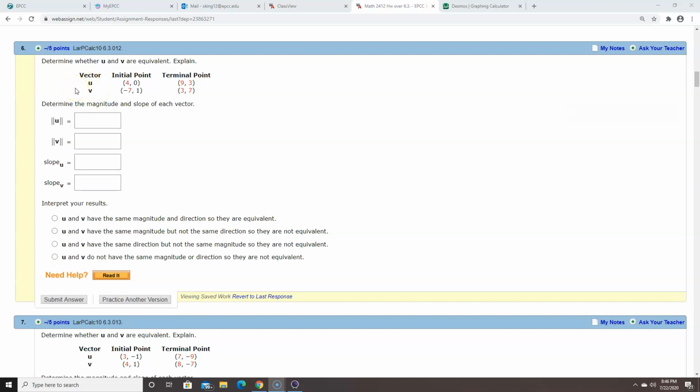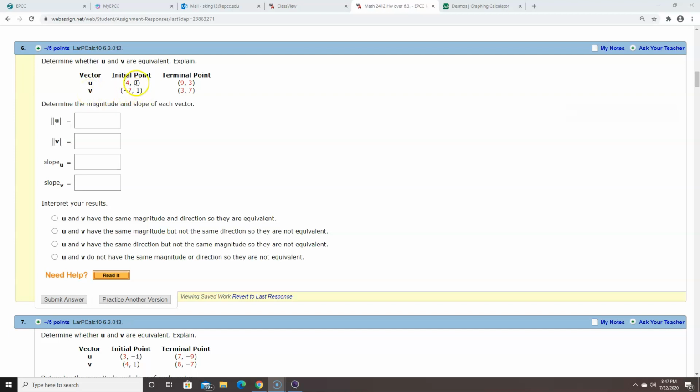Then they give us where the vector begins, which is called the initial point, and where the vector ends, which is called the terminal point. They do that for vector u and also for a second vector v.